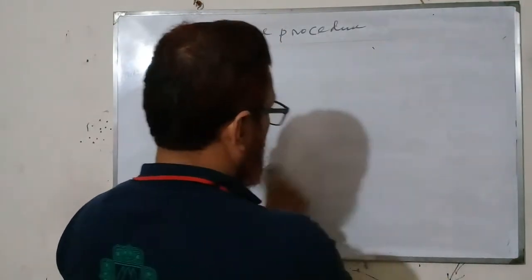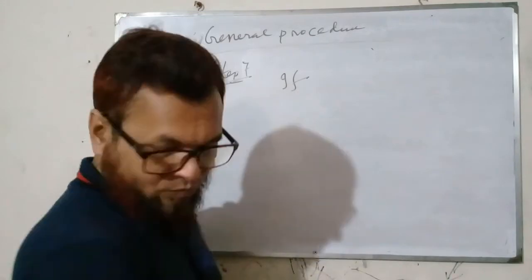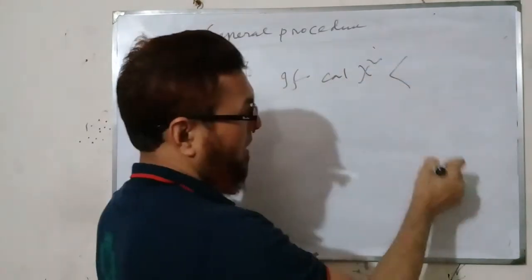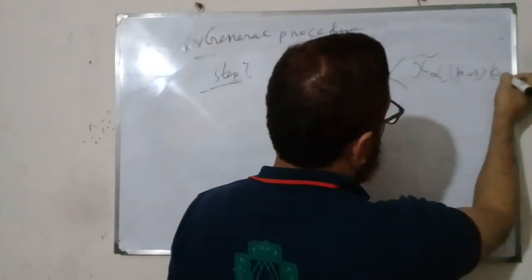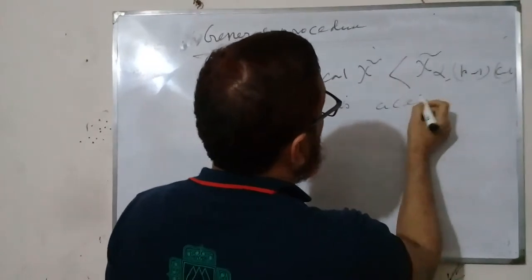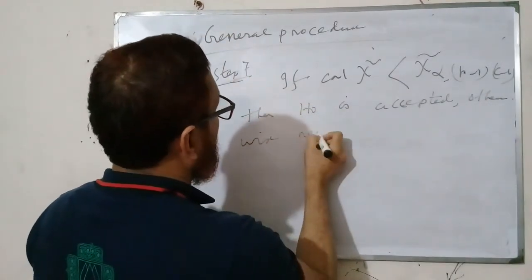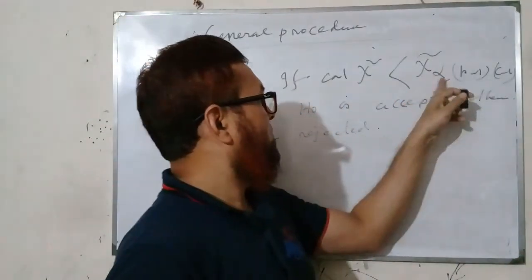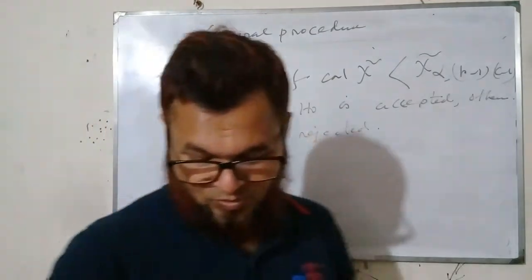Step 7, comment. If calculated chi-square is less than tabulated chi-square at alpha percent level of significance and degrees of freedom, then H0 is accepted, otherwise rejected.